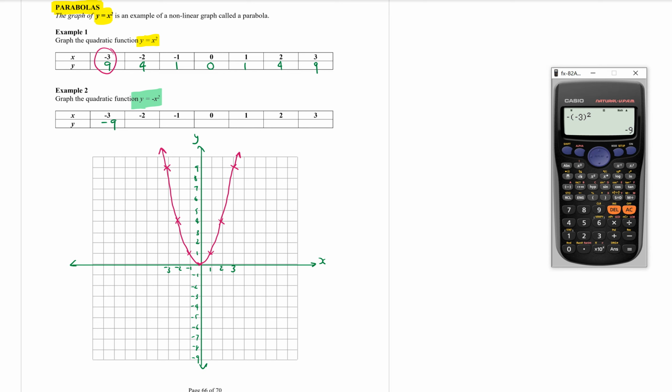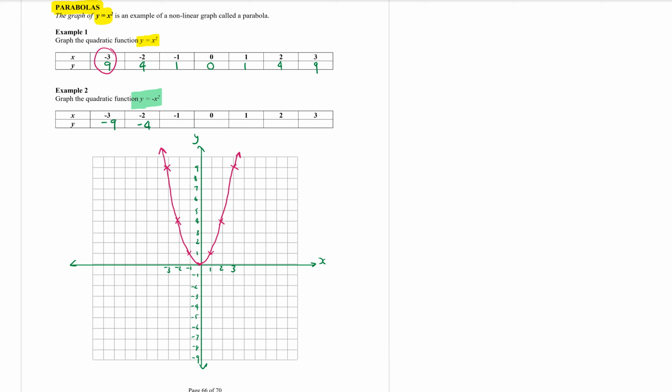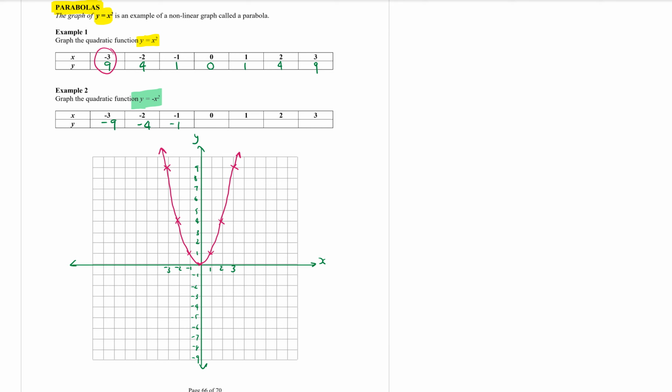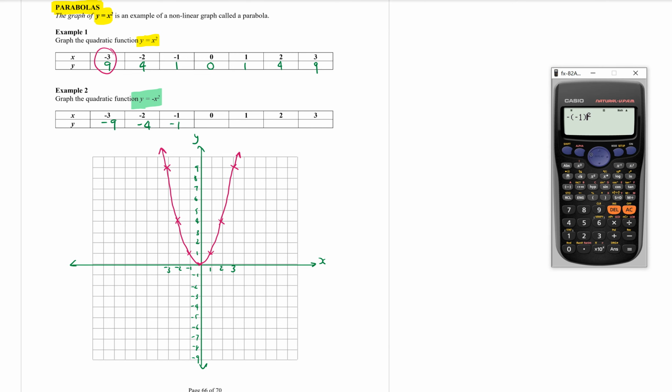Then when we put -2 in, so we delete that and make -2 equals -4. And you can see I'm actually getting all the same values as before, but they're now negative where they were positive before because of that minus sign. So I'm just changing the sign of everything.